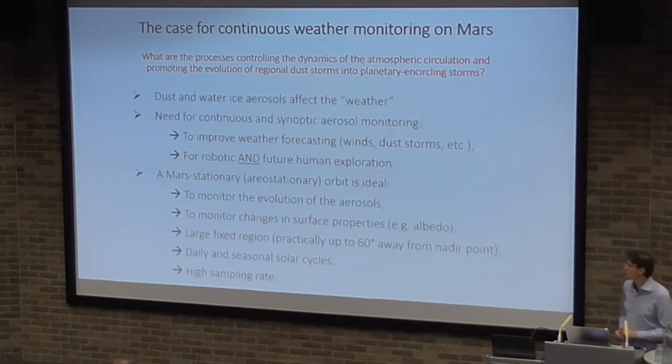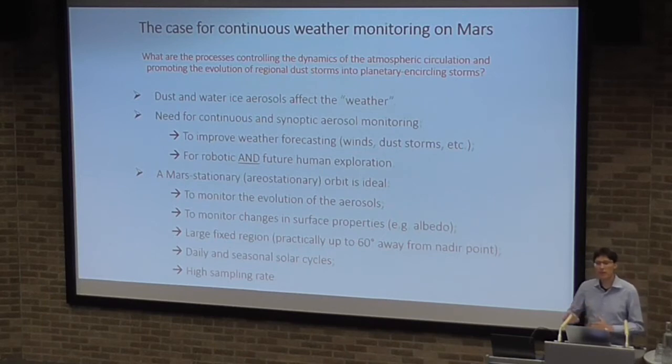So, just to give you a very brief summary of the importance of dust and water ice clouds on Mars, we know that both aerosols affect the weather. They have impacts on the thermodynamics and the dynamics. Weather, what we mean by weather is basically winds and circulation, okay?